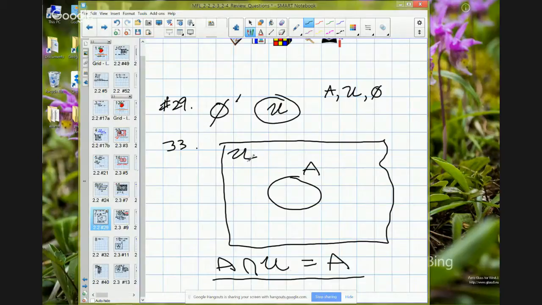Now, just by its very nature, doesn't the universal set have to be kind of on the outside surrounding everything? Yes. Everybody got that? And so if we have a set A, how does it compare to the universal set? It has to be somewhere inside the universal set rectangle. Okay, so does the picture make sense?